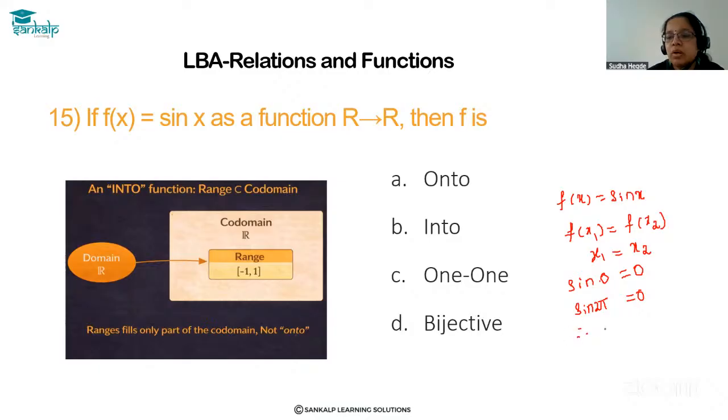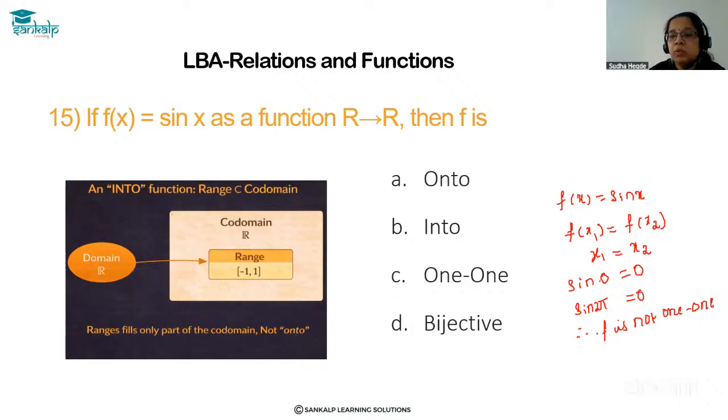Therefore, f is not one-one. Got it right? So sine of 0 and sine of 2 pi both are 0. So both 0 and 2 pi have the image 0. Therefore, f cannot be one-one.